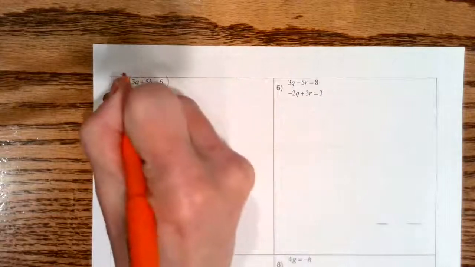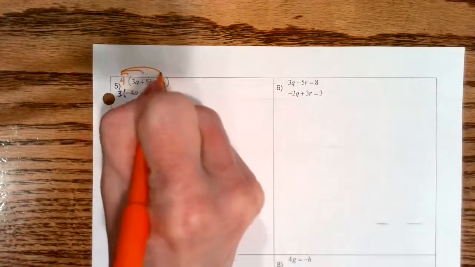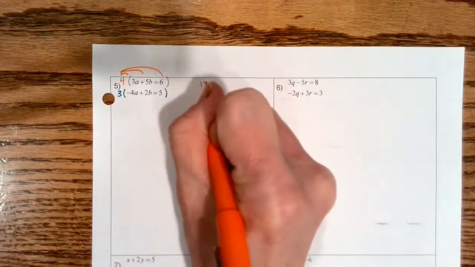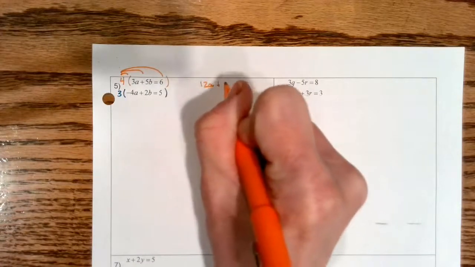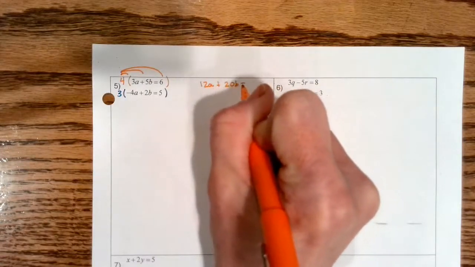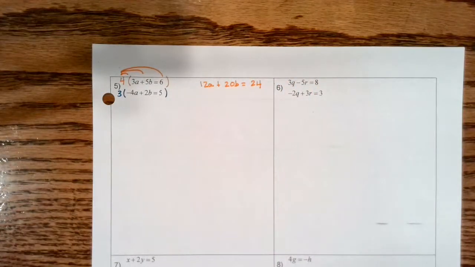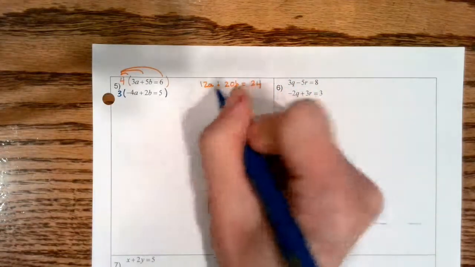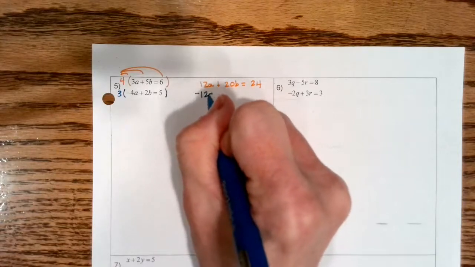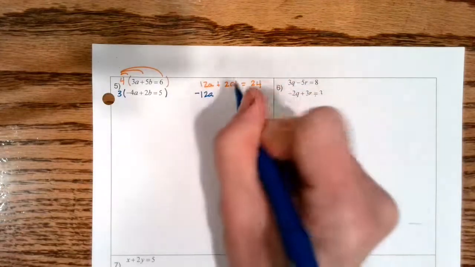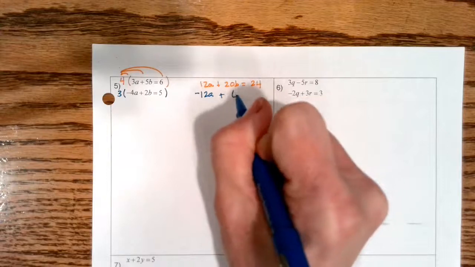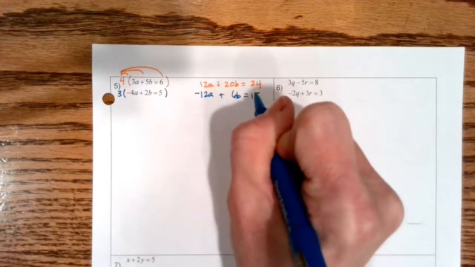When I distribute 4 to every term in the equation, I get 12a plus 20b is equal to 24. When I distribute my 3, I get negative 12a, there's my 0 pair, plus 6b is equal to 15.